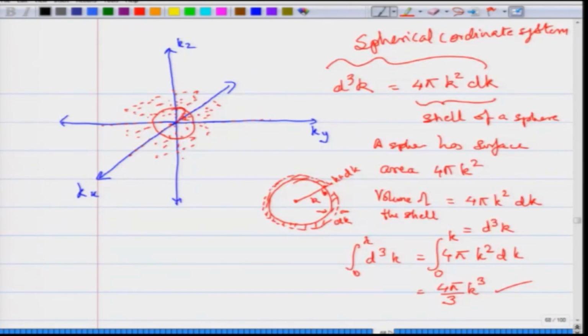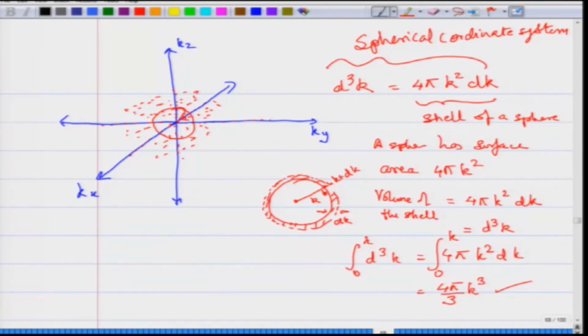This is what we had calculated, assuming that there is no asymmetry in the momentum distribution of the electrons and it is completely spherically symmetric. To find out how many states are present between k and k plus dk, we consider it as a spherical shell whose volume is 4 pi k square dk.